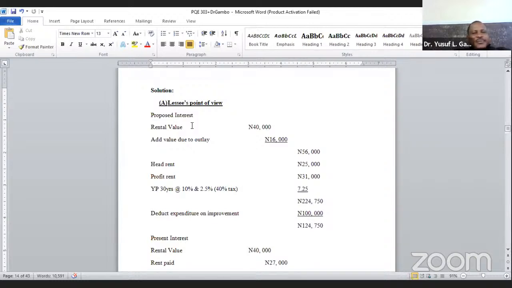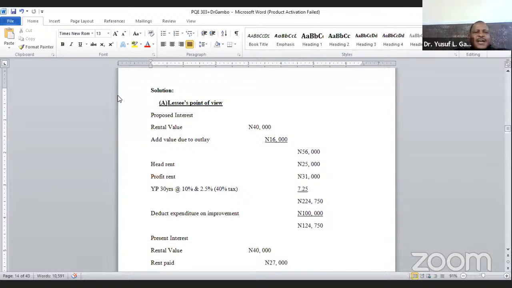Now, once you have that 56,000 naira and the head rent is 25,000 naira, that is proposed. Initially, he's paying 27,000. That's why I took time to analyze the question, because the solution goes along with the question. If you don't understand the question, you won't understand what we are doing here.